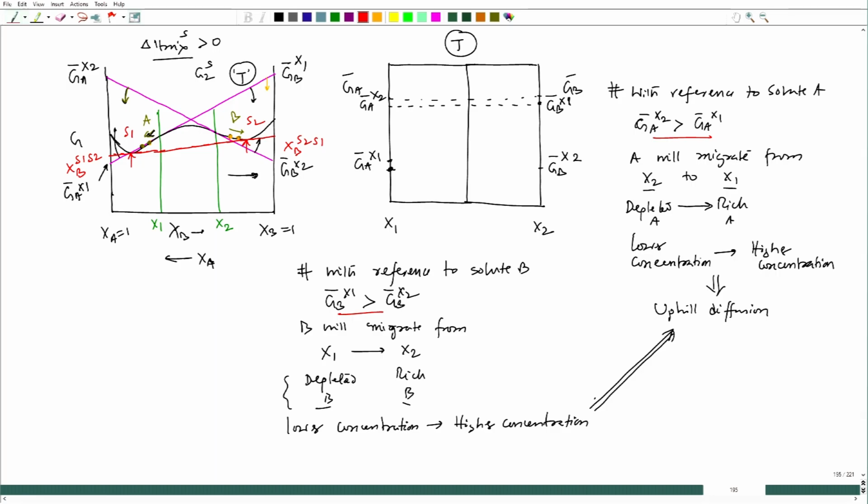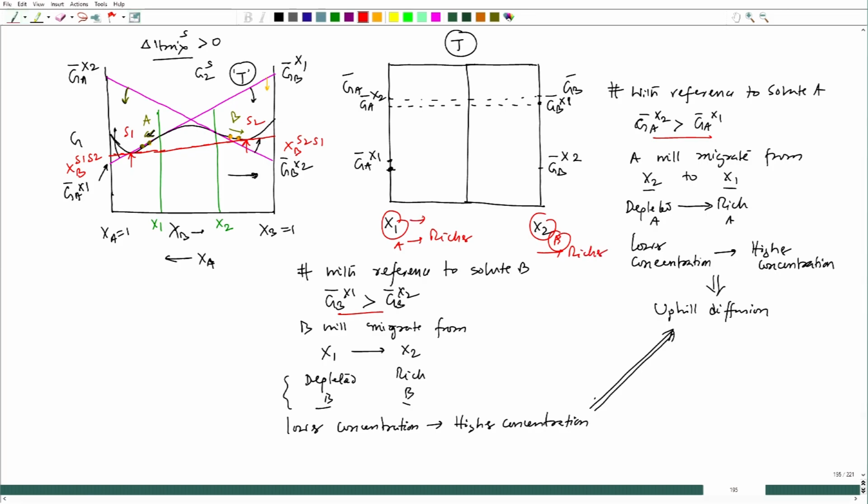So, here, with reference to A, x 1 will get richer, and x 2, with reference to B, will get richer. Fine.